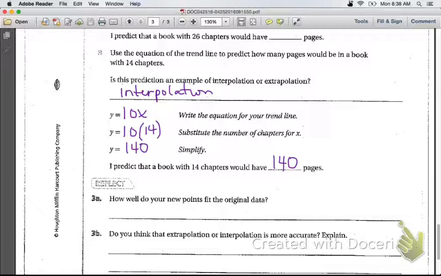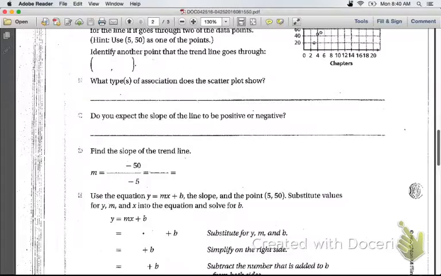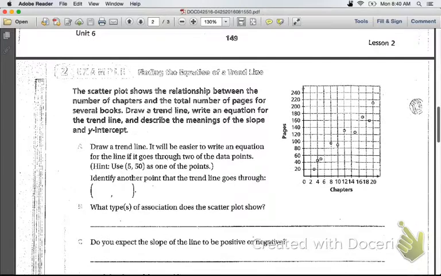So if you look back to the original graph of this data, what they're talking about here is because we have data that is graphed and we can see the actual trend happening through 20 chapters.